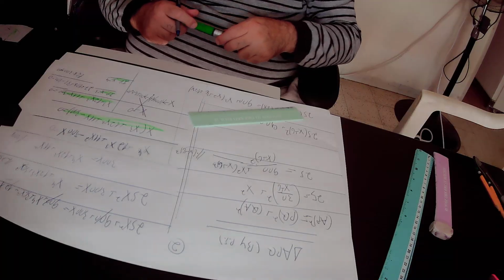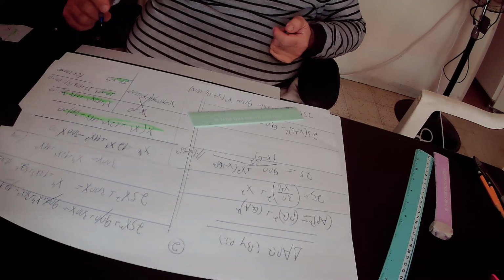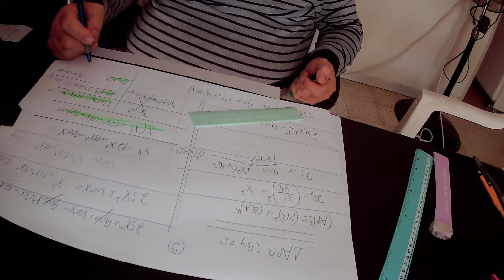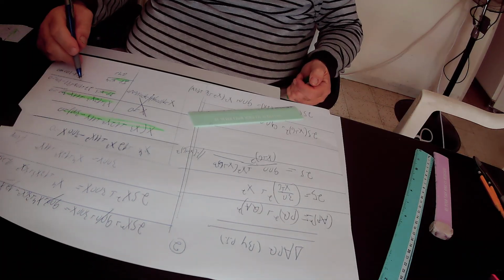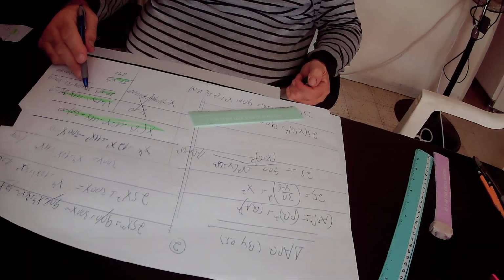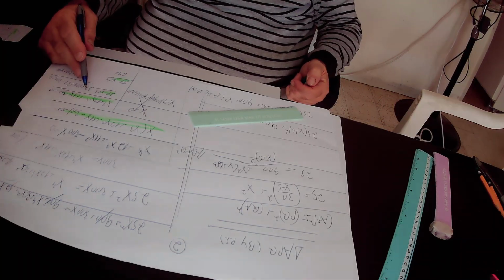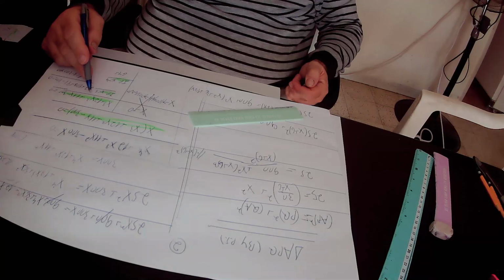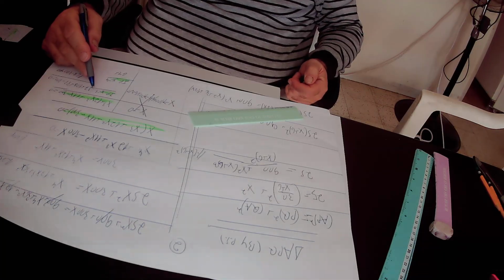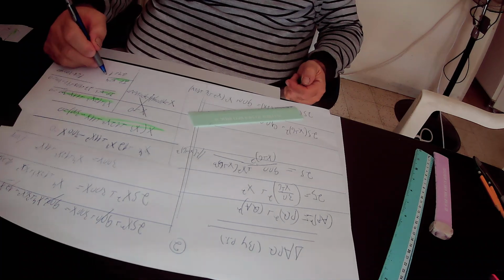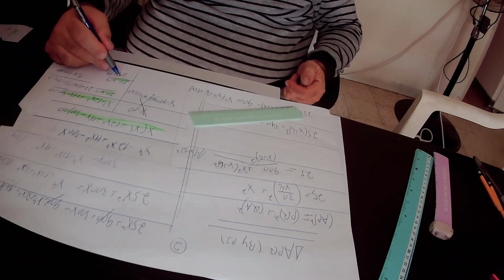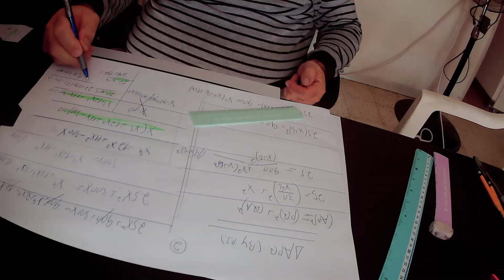So if x equals 4, then x cubed is 4 times 4 times 4, that is 64, plus 12x squared. X is 4, so x squared is 16, and 16 times 12 is 192. Plus 11x.